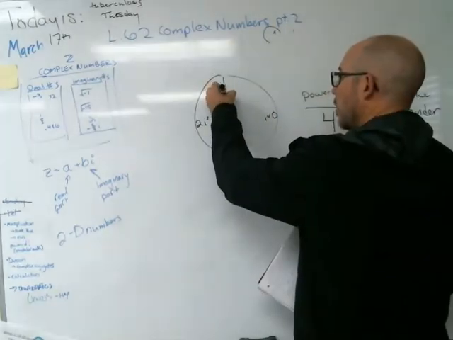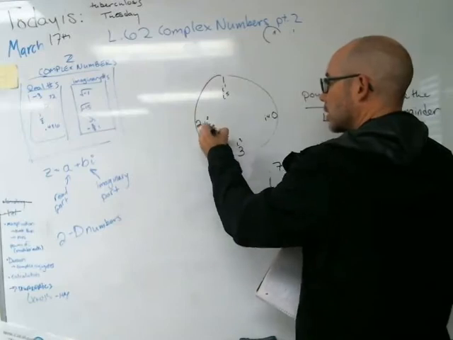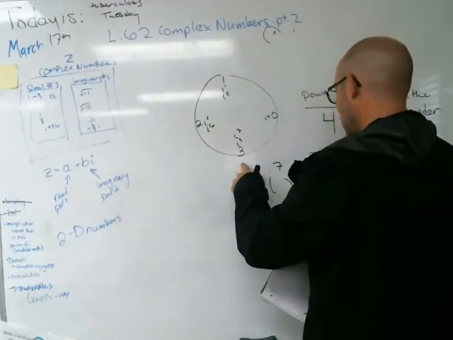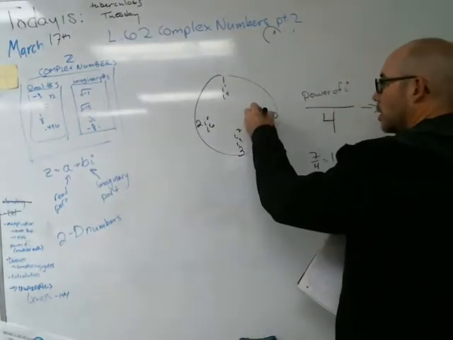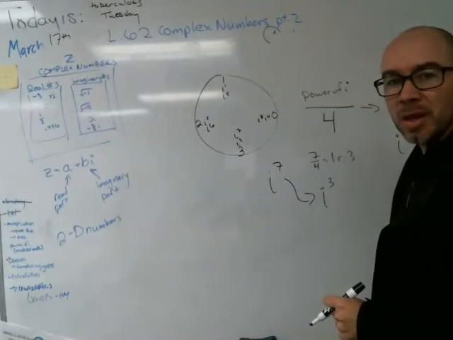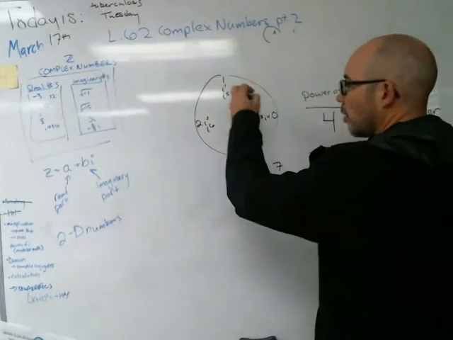And then i to the 5th is the same thing as i to the 1. i to the 6th is the same thing as that. i to the 7th was the same thing as i cubed. And i to the 8th will be the same thing as i to the 4th, which is the same thing as 1. So we could keep going around the circle forever.